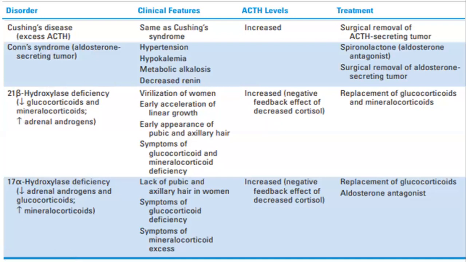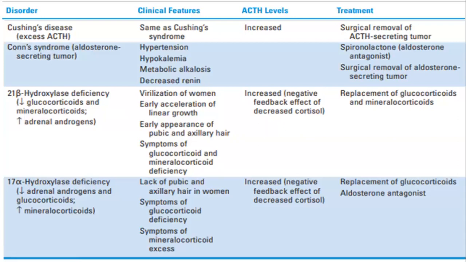So a deficiency of this enzyme would lead to decreased cortisol or glucocorticoids and decreased mineralocorticoid or aldosterone, because the enzyme block prevents the production of 11-deoxycorticosterone and 11-deoxycortisol. So you review the picture I've shown in the first few slides, which are actually the precursors for cortisol and aldosterone production.